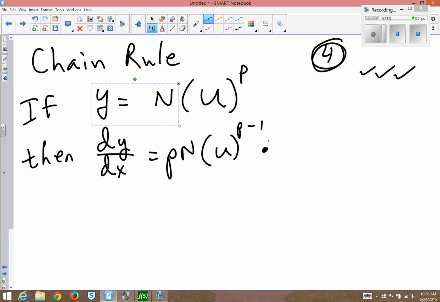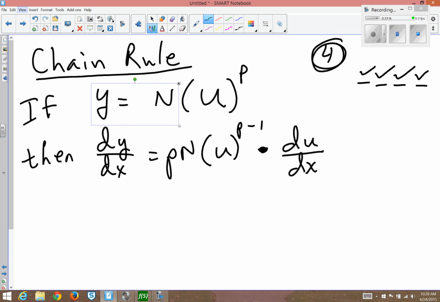The last thing is we multiply all of that by the derivative of whatever is inside the parentheses with respect to x. This last part at the end is the fourth thing you do. Multiply, copy what's in the parentheses, subtract 1 from the exponent, and multiply by the derivative of what is in the parentheses.